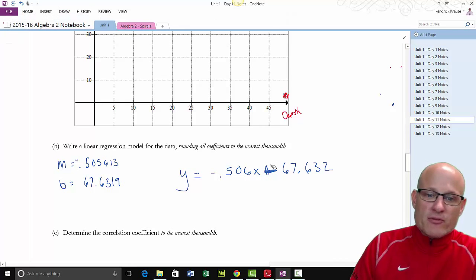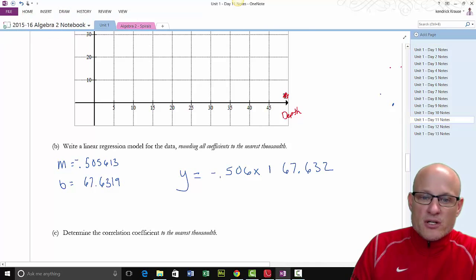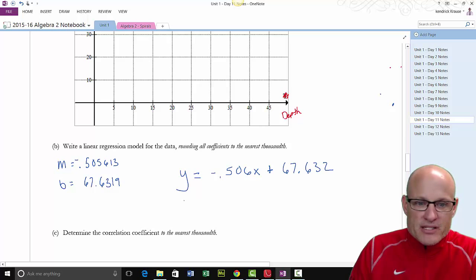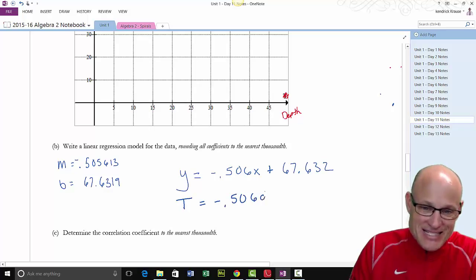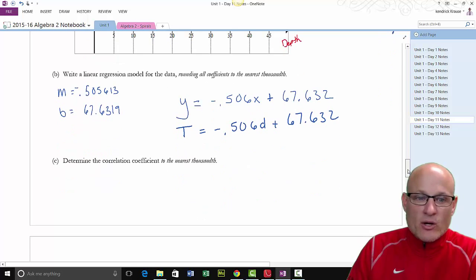I should get you in the habit of erasing and putting better plus signs. Now, if you want to write it with d of t, it would actually be t of d. Y is the temperature. So temperature is equal to negative 0.506 D plus 67.632. That would be a better equation.